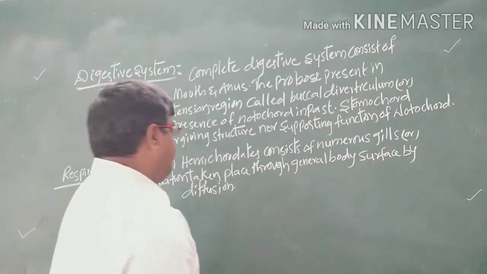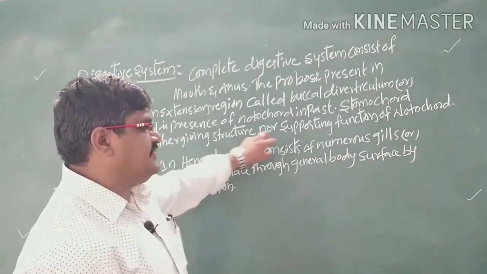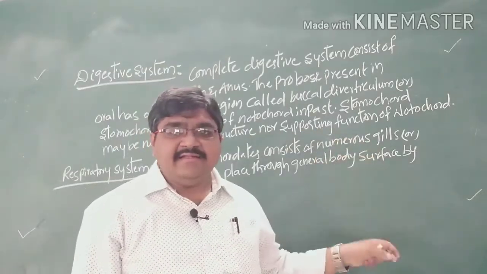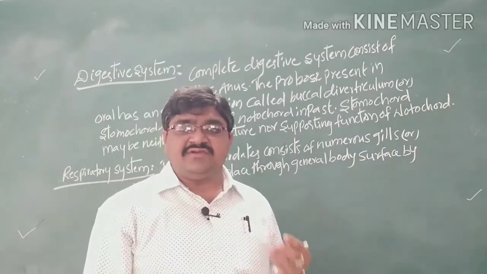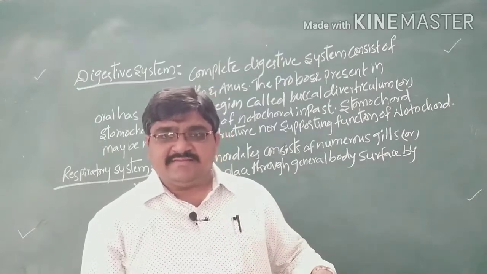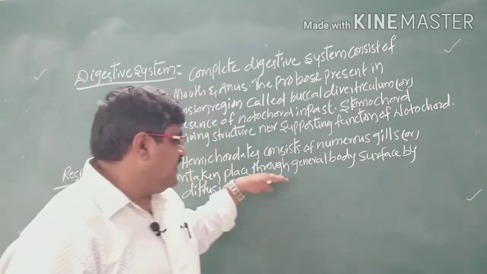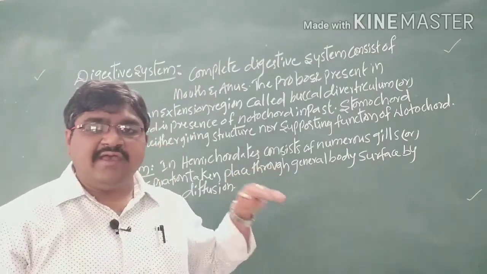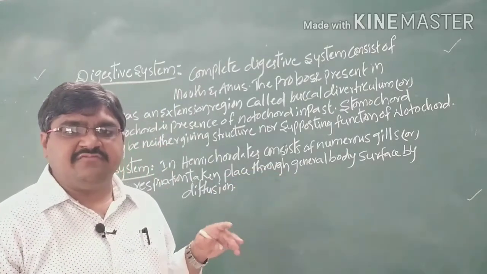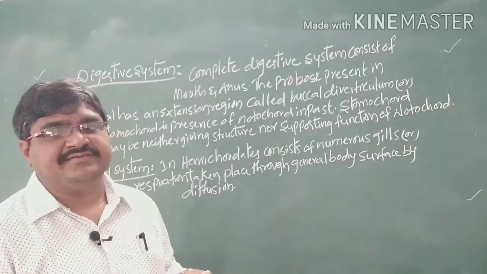That means respiration in hemichordates may be through numerous gills, or otherwise, when gills are absent, respiration takes place through the general body surface.